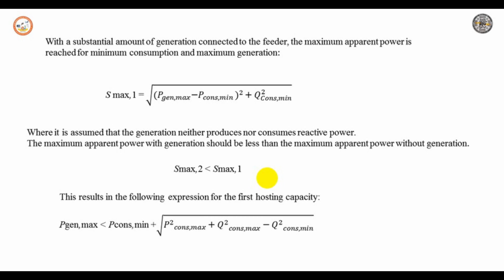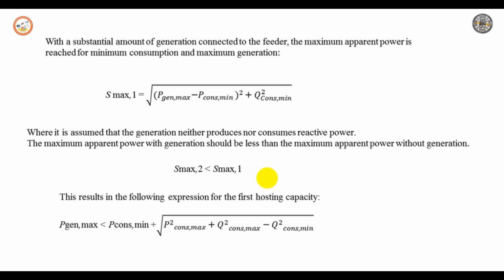So this results in the following expression for the first hosting capacity: the active power generation at a maximum level should be less than the active power consumption minimum plus the root of active power consumption square for a maximum plus the reactive power consumption at a maximum minus the reactive power consumption at a minimum.